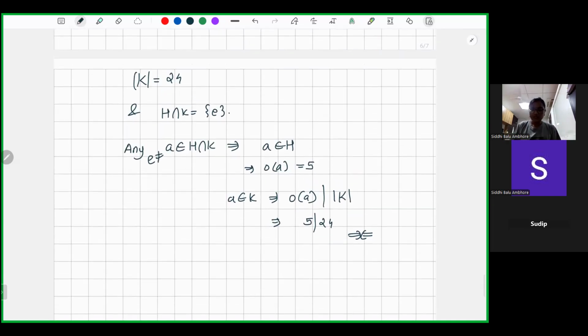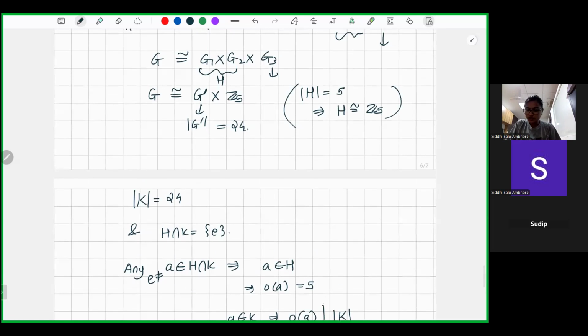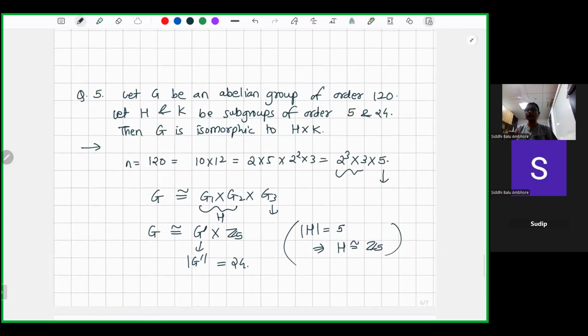Therefore G has to be isomorphic to H cross K, because this is a group of order 5, Z5, and this K is a group of order 24. We just saw that a nontrivial intersection of H and K is not possible.